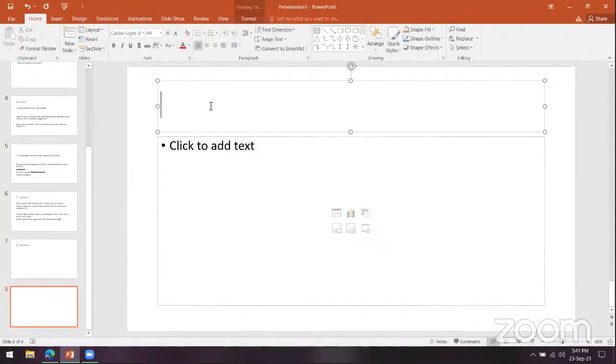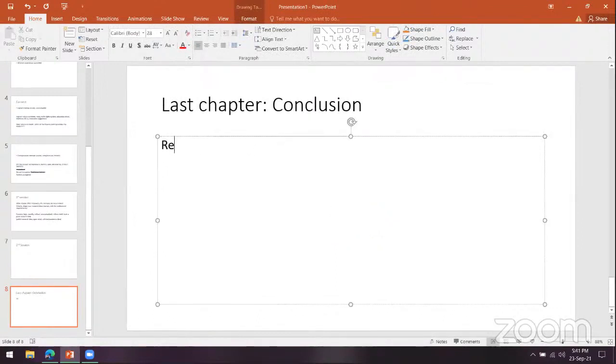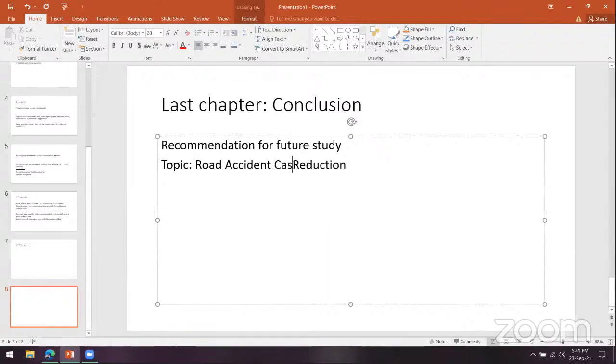Okay, so usually the last chapter will be called the chapter for conclusion, and in this chapter they would have something to do with recommendation for future study. So for example, when we look back at the topic about road accident reduction, road accidents, case reductions.